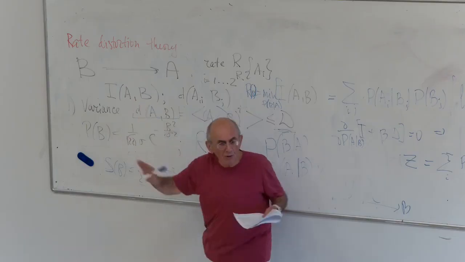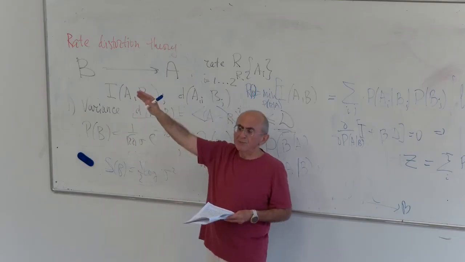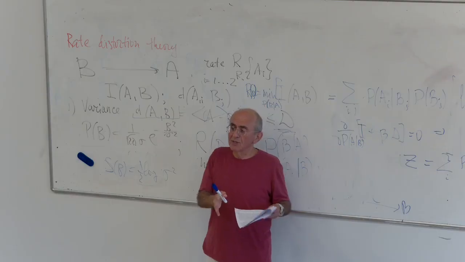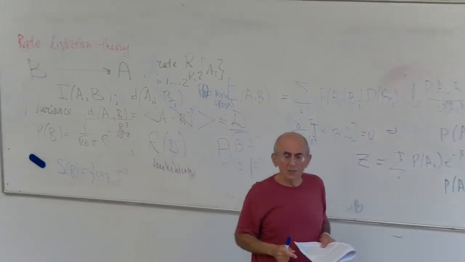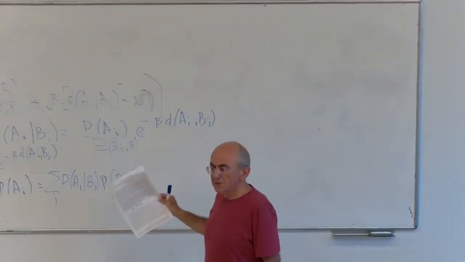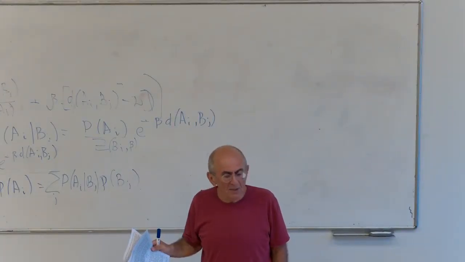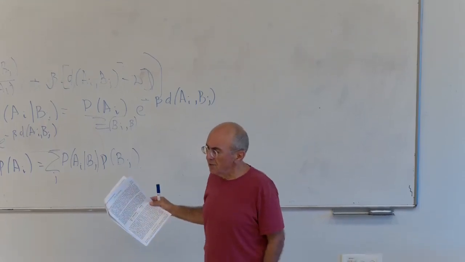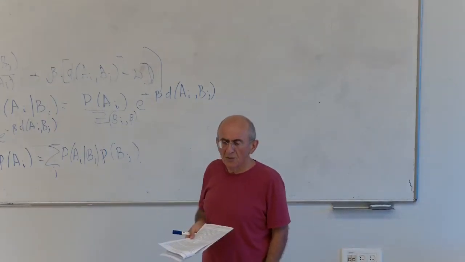You don't need to compute anything. You just know it will be an exponent. What you need to compute is a factor in front of this exponent. That's the name of the game. Is it clear? Is it okay? You want to meditate a little bit, think about it.